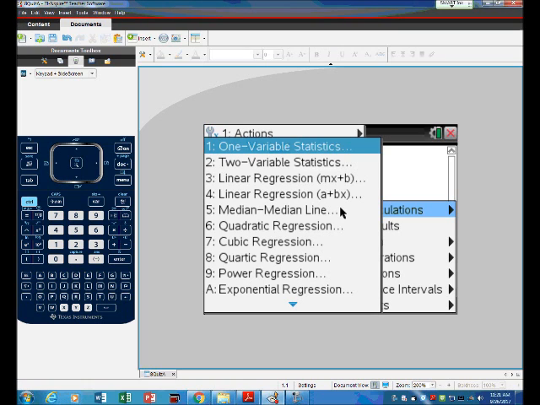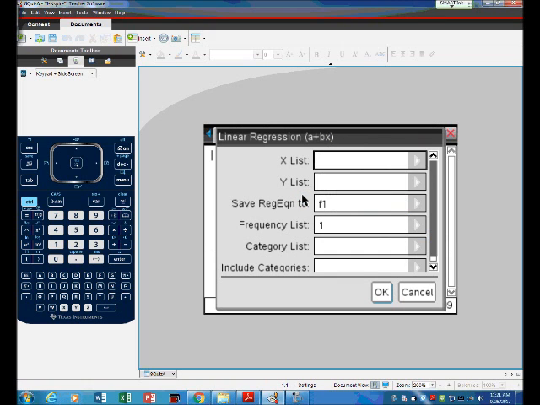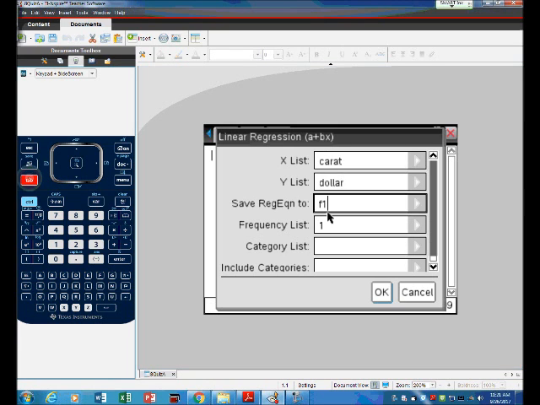And I'm going to use number 4, which is A plus BX. We said our explanatory is carat, or the size of the diamond, and the response, or the predicted value, is going to be our price, or dollar. Again, as I said in the previous example, you want to look where it is saving your regression equation to. This says F1 in case I want to use it later.